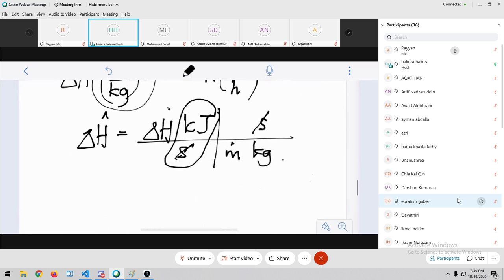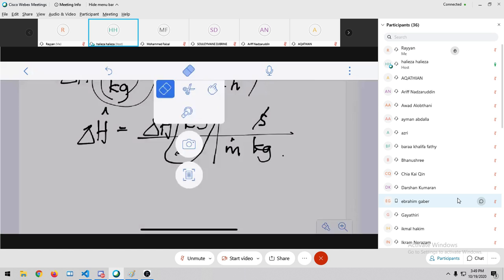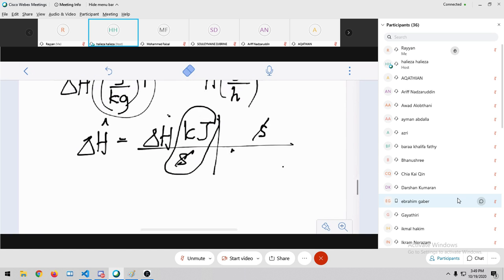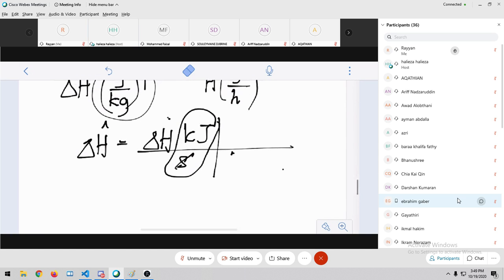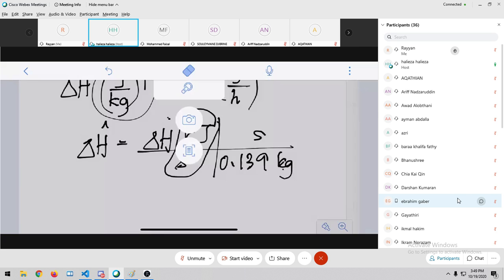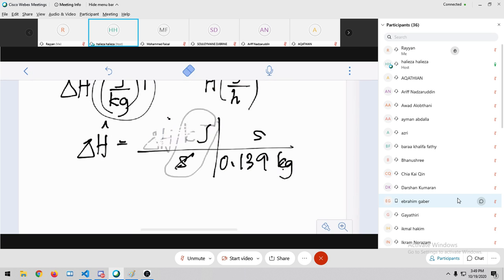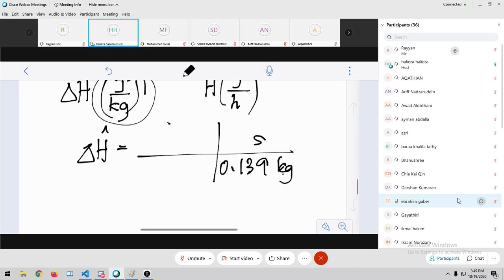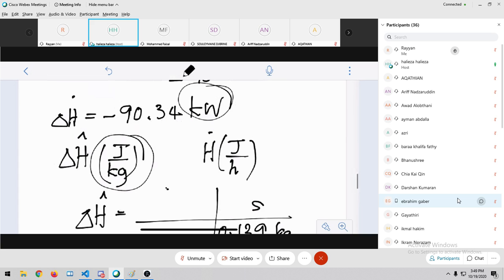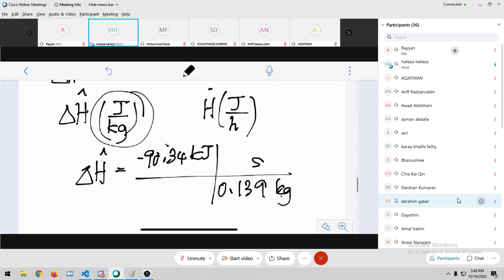So this is going to be 0.139 kilogram per second, and the rate that we have just now is minus 90.34 kilojoules per second.